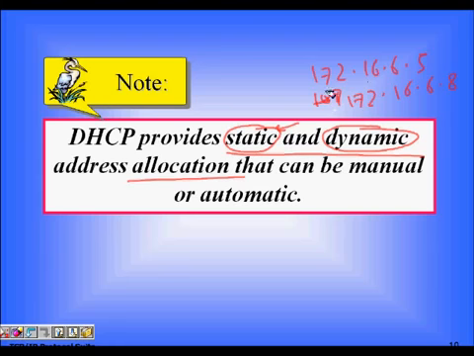But in the static IP address scheme, one machine with one NIC will always be assigned the same static address. It can be manual, it can be automatic. If you provide the IP address manually, it might lead to conflicts and so on, but automatic will be better.